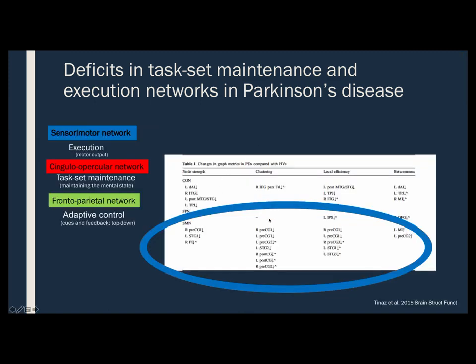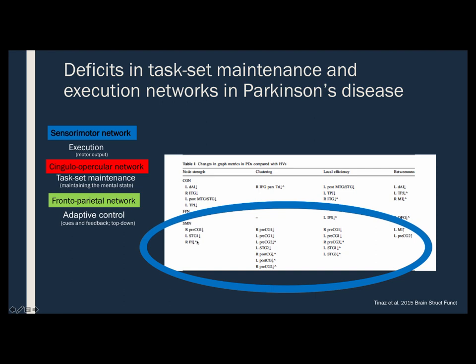So what we look at is a little bit more of the parameters. So we look at the node strength, which will be the connection of one voxel with every other voxel. We look at the clustering, so how things clump together. We are looking at the local efficiency, so how good the connections are in the local environment, and the betweenness centrality, that is how central an area is in connecting the others.